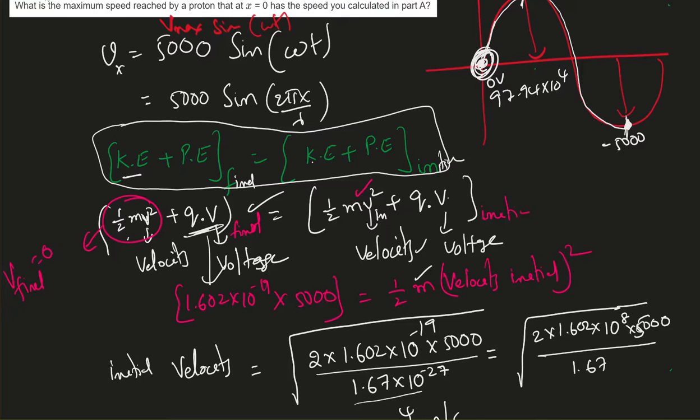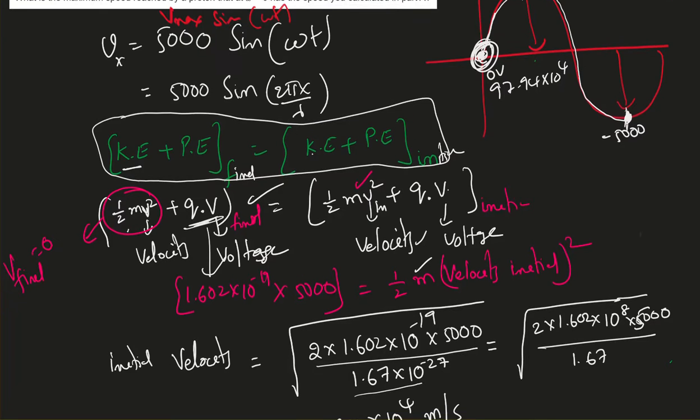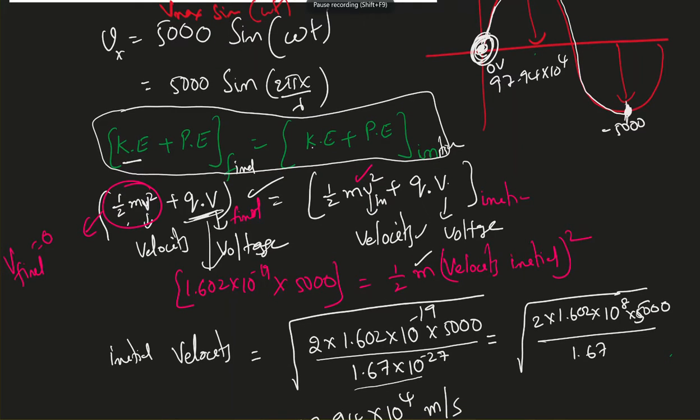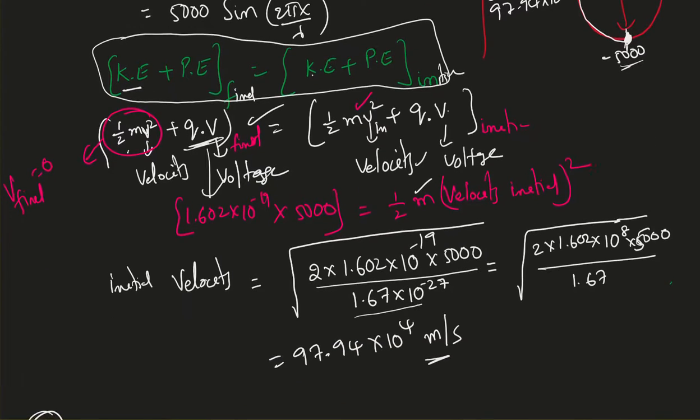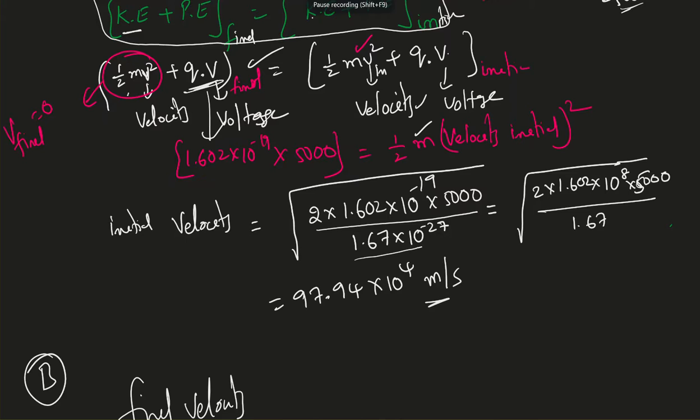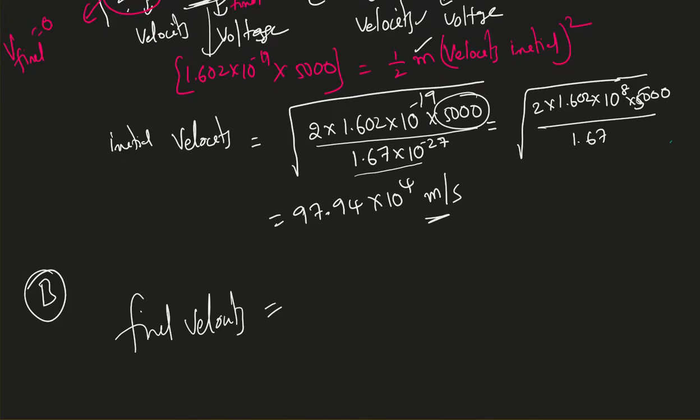So the final velocity when it reaches here, that's what we're going to find. Or he's talking about what is the maximum speed it reaches. I wouldn't say there is no potential energy there. There is definitely, because of the negative 5000 volt. However, the only difference is going to be the potential difference. Instead of 5000, now we'll end up with 10,000.